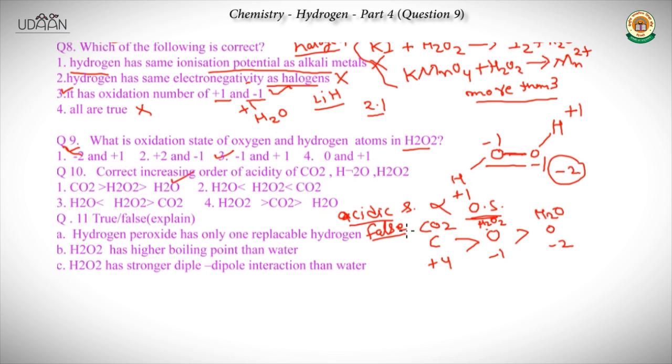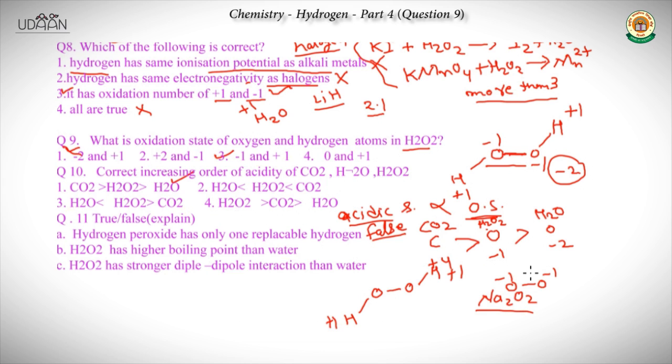It has two replaceable hydrogens because, as the structure is like this, both of these hydrogens can be removed to make an ion like this. Okay. So we can have a salt like Na2O2.